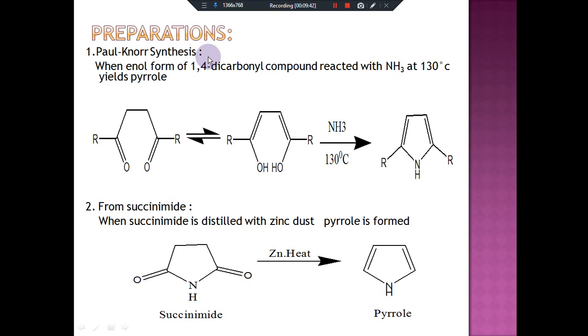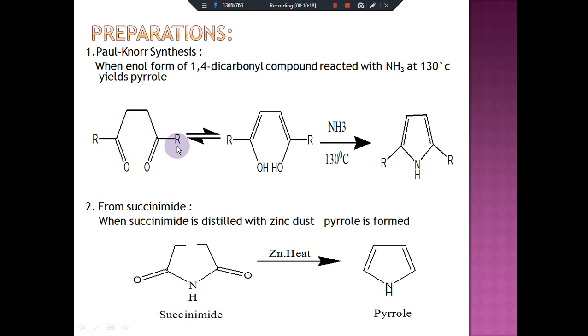In this method, pyrrole is prepared by heating the enol form of a 1,4-dicarbonyl compound with ammonia at 130 degrees centigrade to give pyrrole or pyrrole derivatives. This is the 1,4-dicarbonyl compound. This is a carbonyl group, 1, 2, 3, the fourth position contains a carbonyl group.